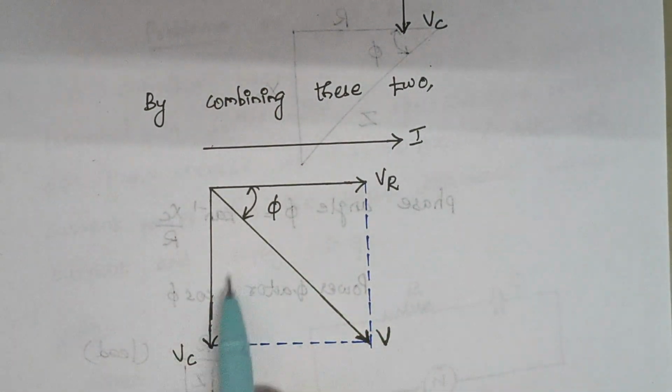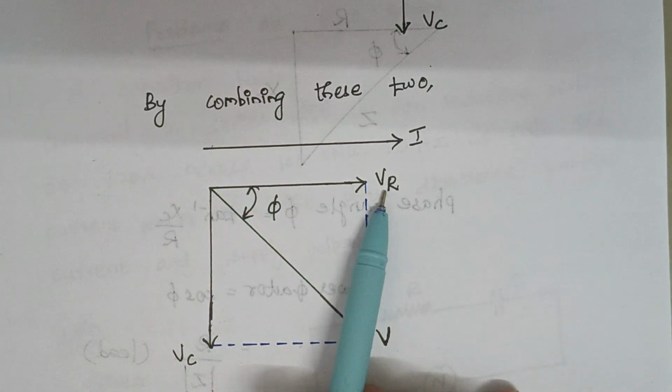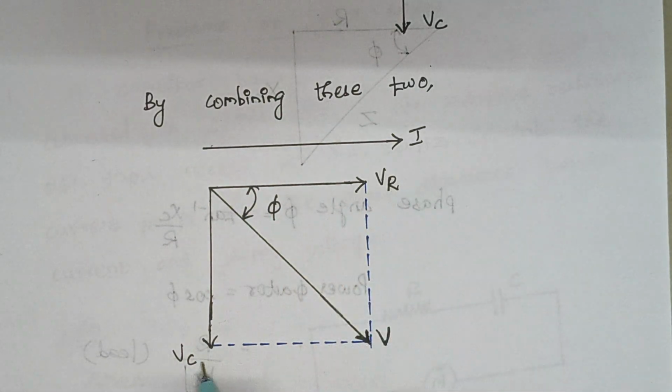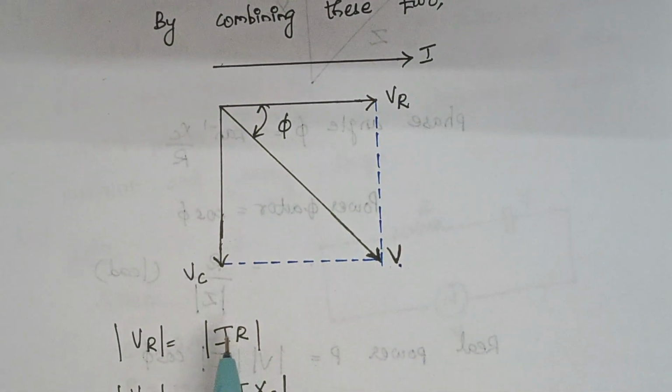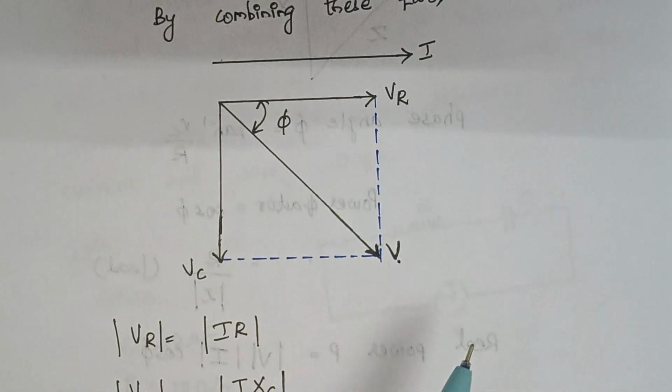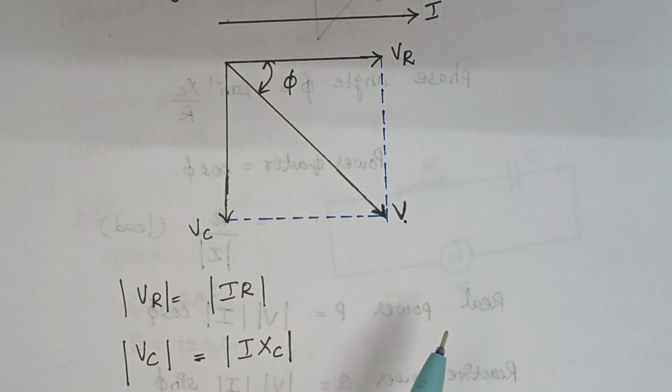VC is drawn and VR is drawn, and when you add these two, that will give the total voltage V. In order to show how to calculate V, this diagram is drawn. VR is nothing but I into R, and the voltage across the capacitor is nothing but I into XC, where XC is the capacitive reactance.